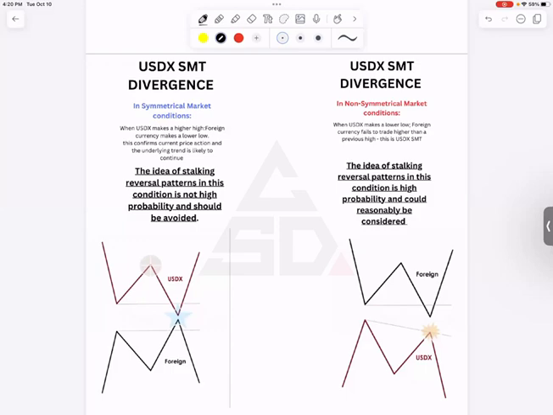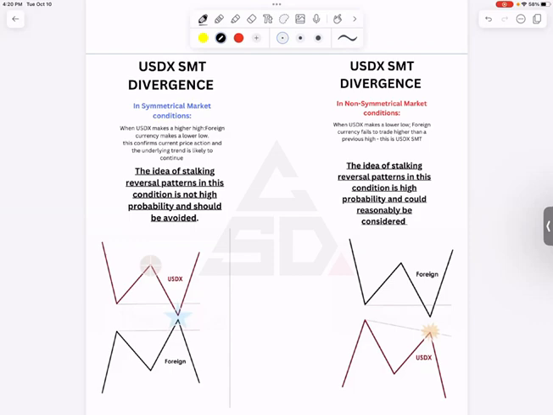So SMT divergence, and this is how we're going to break this down. This is how we're going to get deep into the details of how we can actually take advantage of this information. So SMT divergence, you got two different types. One type is symmetrical market conditions.